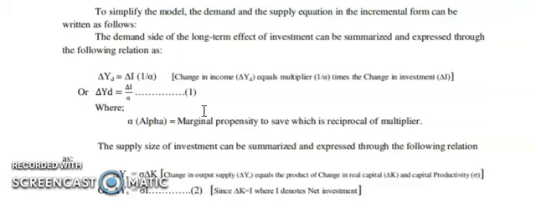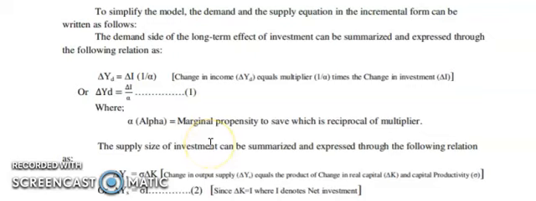Change in income equals multiplier times change in investment. Delta Yd equals delta I into 1 by alpha, or delta Yd equals delta I by alpha. Both are the same, where alpha represents the marginal propensity to save, which is the reciprocal of the multiplier.